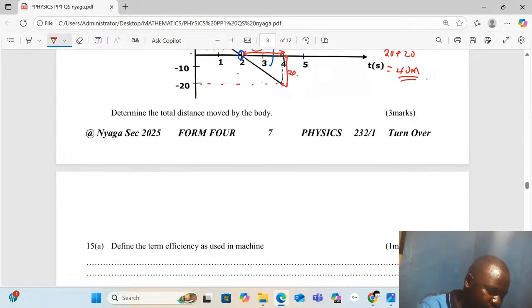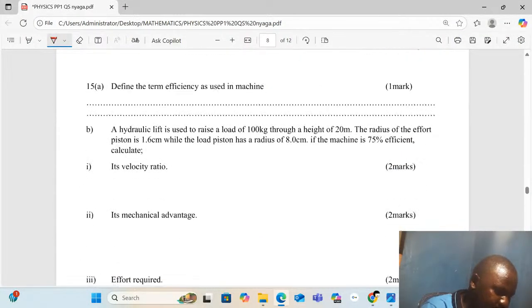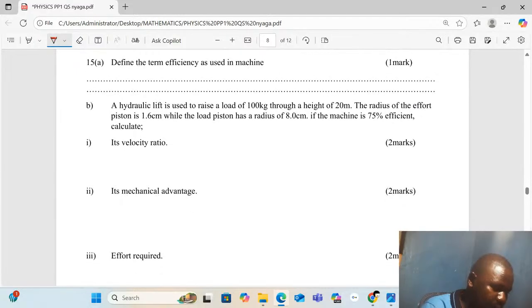Now we have question 15, where we have a question on machines. Define the term efficiency.